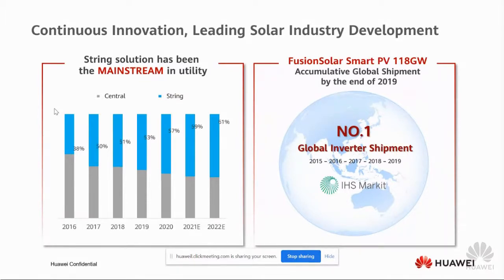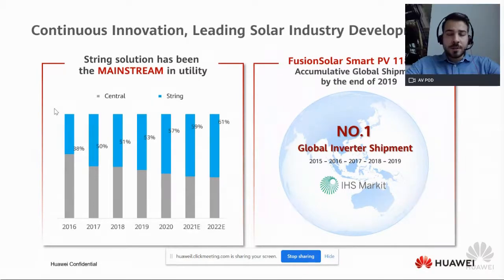It was just 38% of the market, but now, as of last year, it was more than 57% of the global shipments regarding string and central inverters. And as of the end of last year, we have been the fifth largest global player in the inverter segment based on shipment, and we hope it will continue this year also.